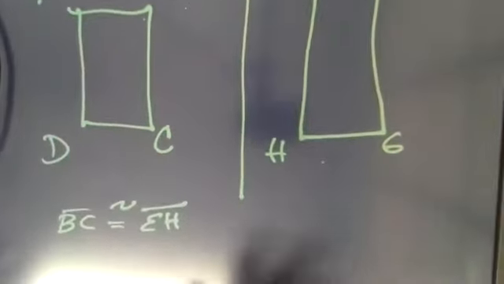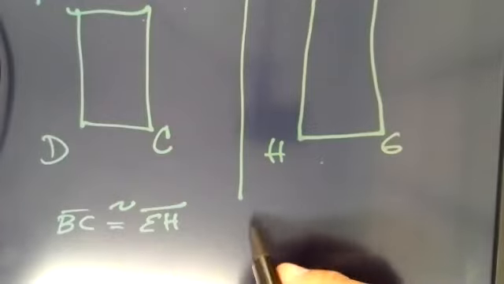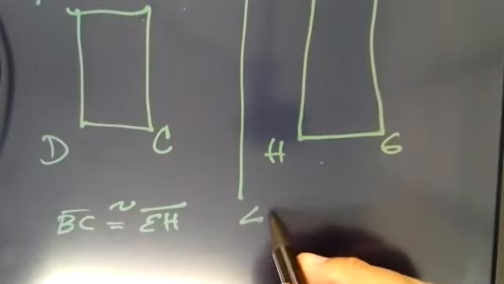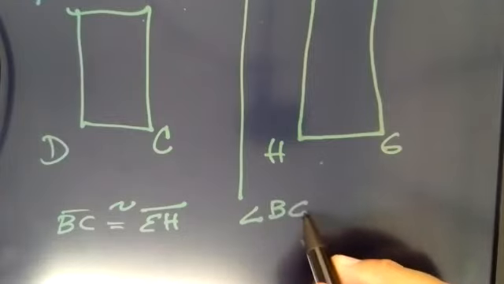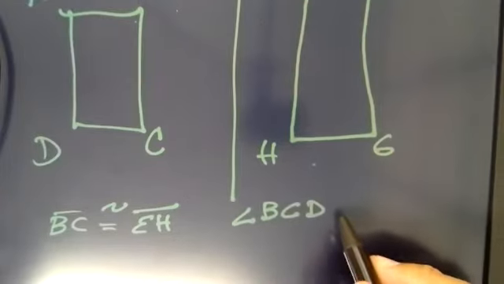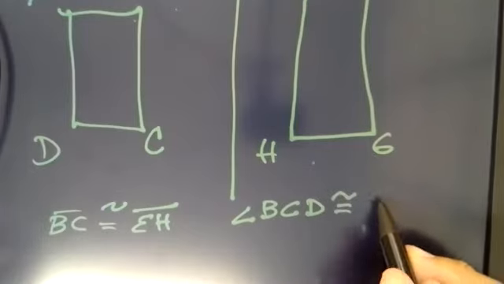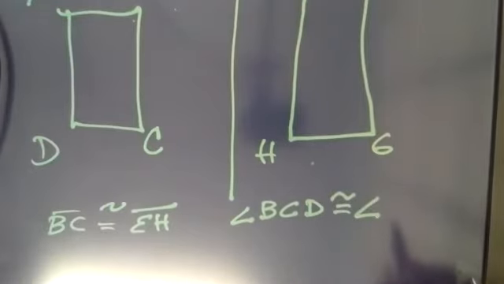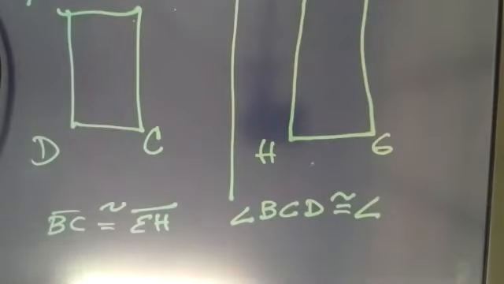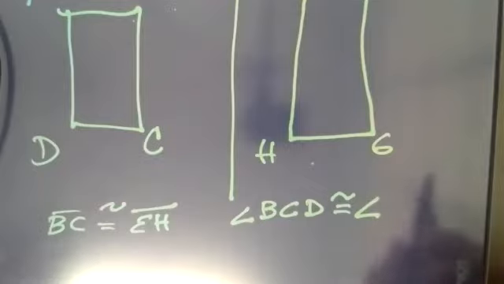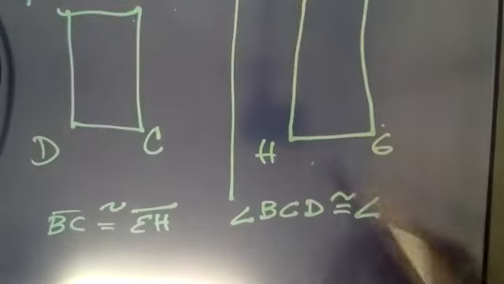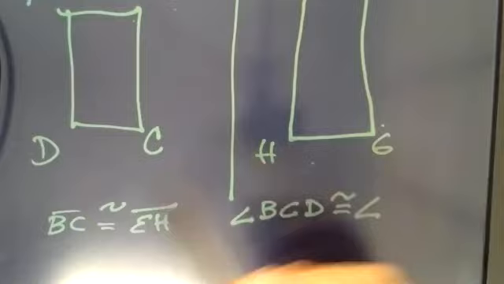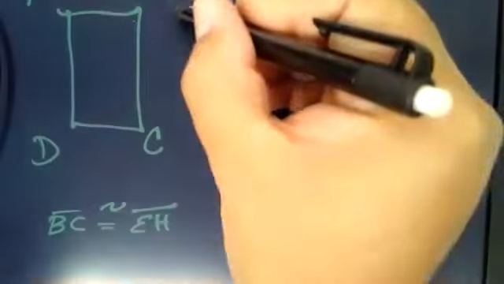I could also say, let's take a look at this one, C. I could say angle, pay attention, BCD is congruent to what? Can I do this? FGH. Well, remember, I want you to take a look at BCD. Look at this right here, ready?